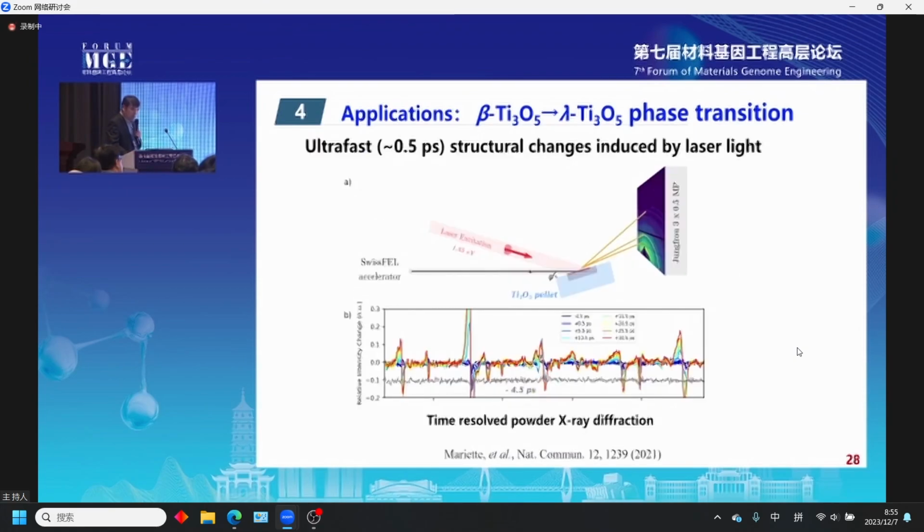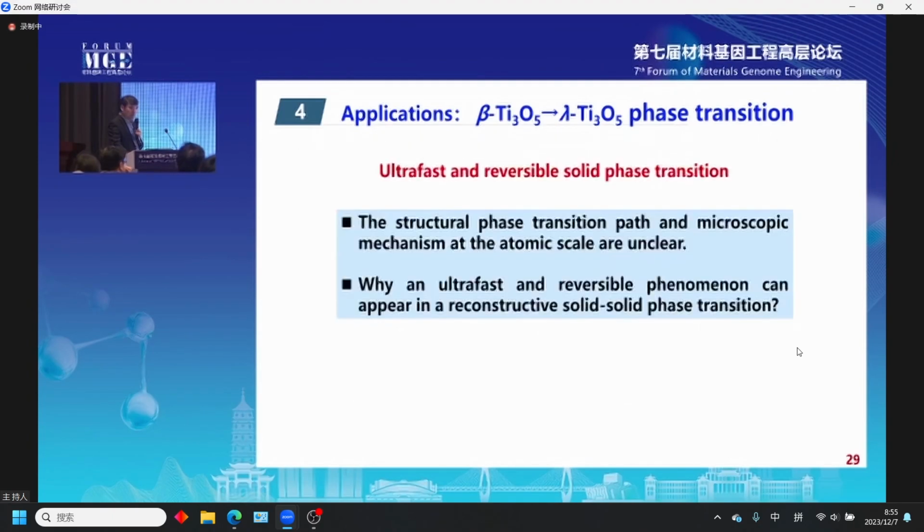Not only this, when you use laser light, you get a very ultrafast structure change from the beta to the lambda. The time scale is only 0.5 picosecond. It's very fast. So this material shows a very interesting ultrafast and reversible solid phase transition.